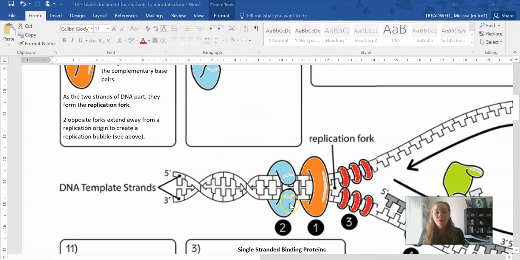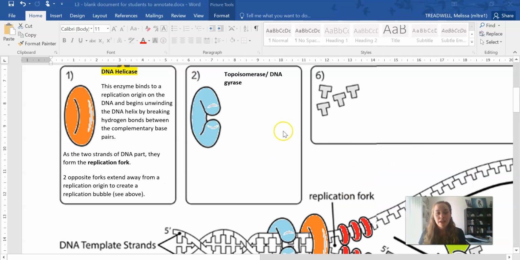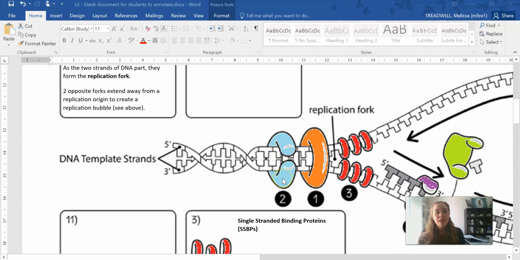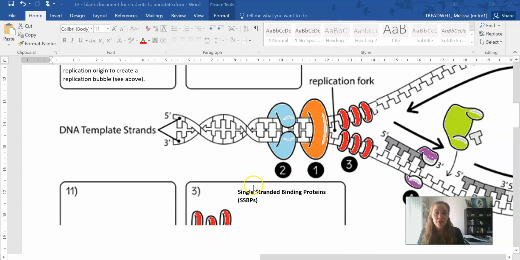And all it does is, when that DNA helix is getting unwound by the helicase, it creates a lot of tension in the strand. So this DNA gyrase basically just breaks some of the bonds in the backbone, helps release some of that tension, and then builds them again. So it just stops the tension in the DNA molecule.